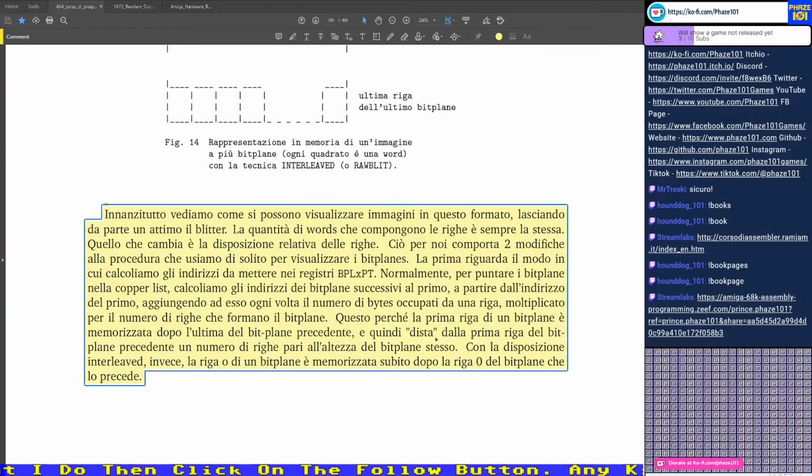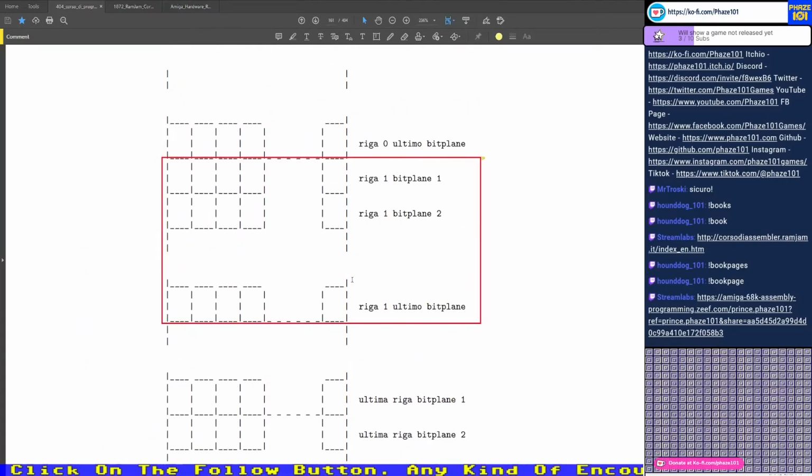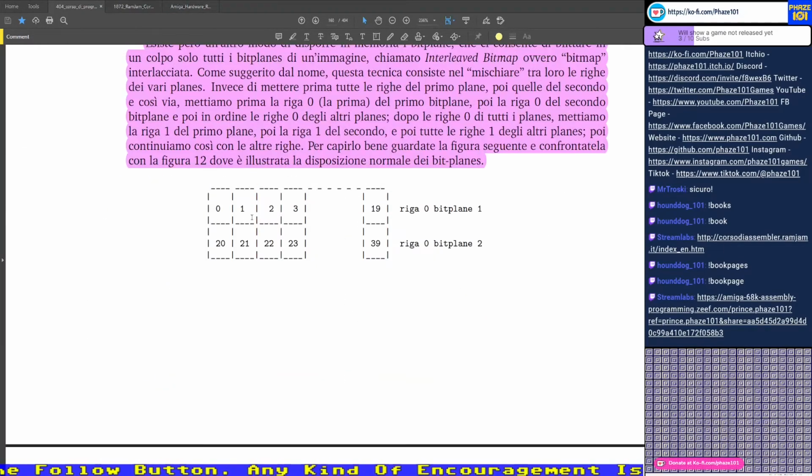So if I go back to this diagram, this is the address for the first bit plane, which doesn't change because it will always be where it is, but the second bit plane will have that address. If we had bit plane 3, then somewhere here we will have the address for bit plane 3.